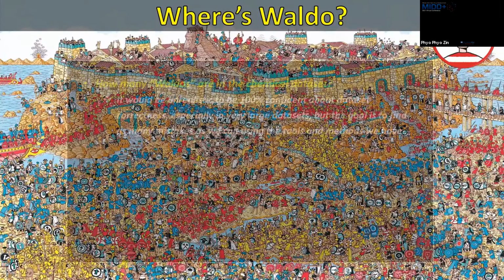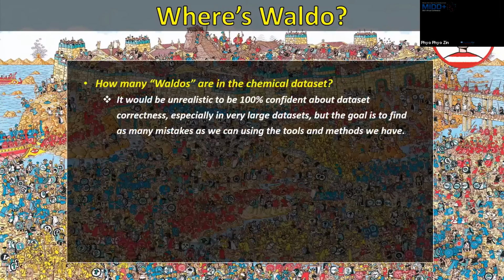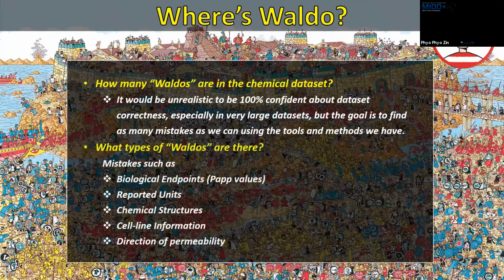The first one is we don't know how many mistakes are out there, and we cannot be 100% confident about the dataset correctness, especially if the dataset is large, but our goal is to find as many mistakes as we can using the tools and methods that we have. The second major challenge is there can be many different types of mistakes out there, so we have to be aware of the types of mistakes that can exist in the project that we're working on.